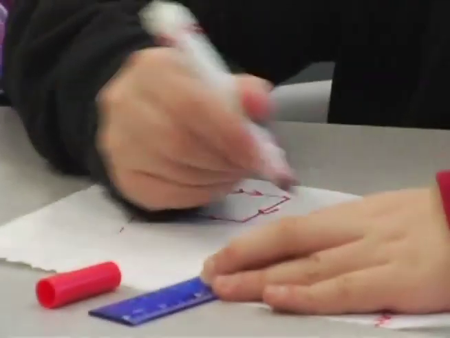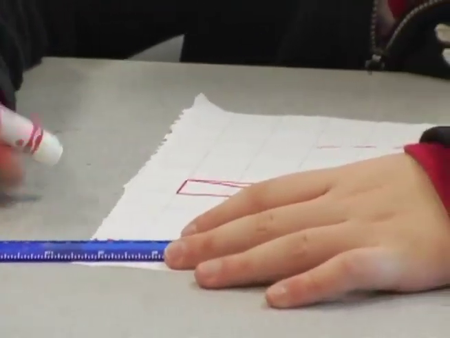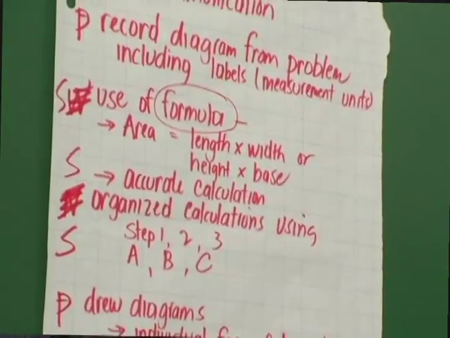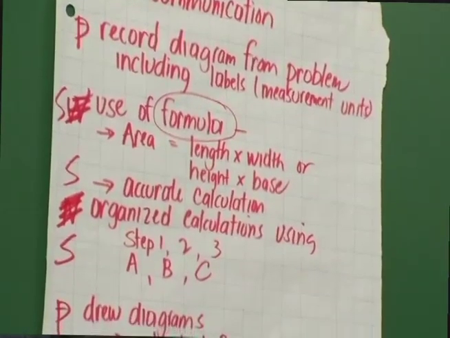Another significant aspect of mathematics learning includes students' representation of mathematical ideas and relationships and modeling of situations using concrete materials, pictures, diagrams, graphs, tables, numbers, words, and symbols.